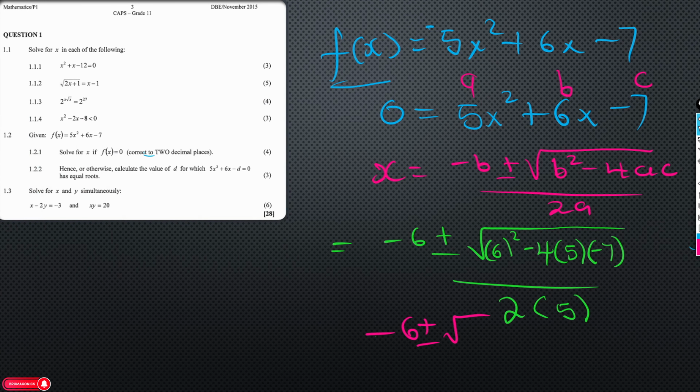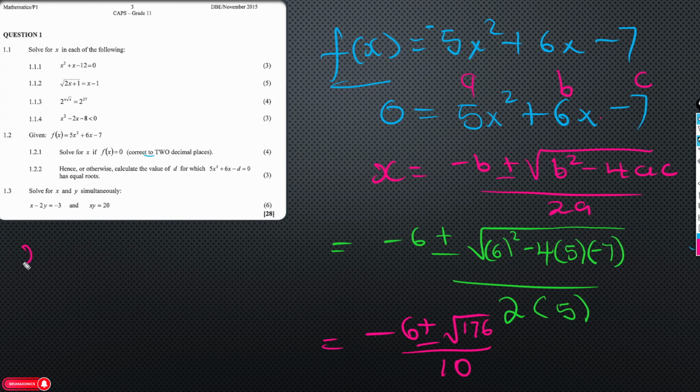So that will be the square root of 176 and then all over 10.